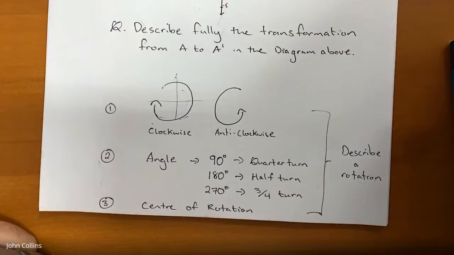So it'll either be clockwise or anti-clockwise. It'll either be 90 degrees, 180 degrees, or 270. And about what point? So the center of rotation will be a point, same as the center of enlargement was a point. Okay, so get that into your notes, and then we look at the question above.